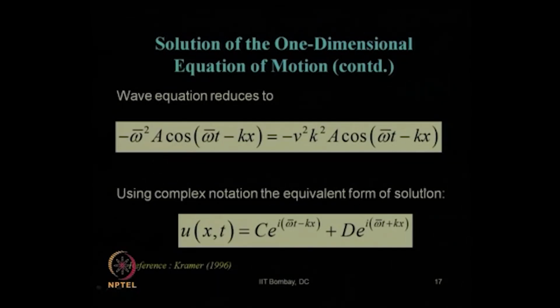Now, this solution, using the complex notation, the equivalent form of solution can be of this form, that is u of x t can be expressed as c, another constant, times e to the power i omega bar t minus k x, plus d, another constant, times e to the power i omega bar t plus k x.